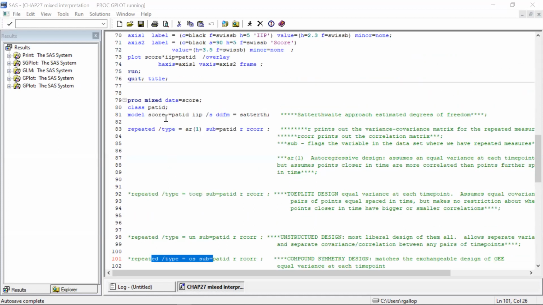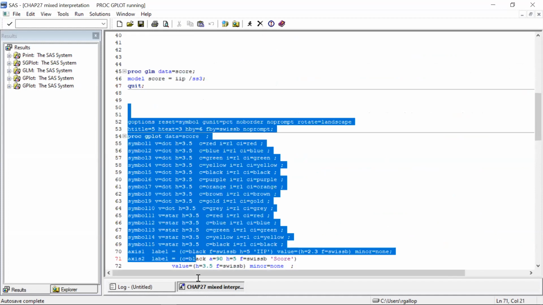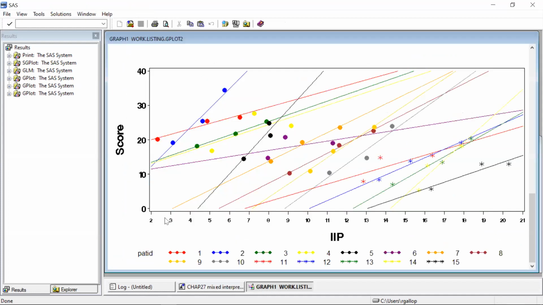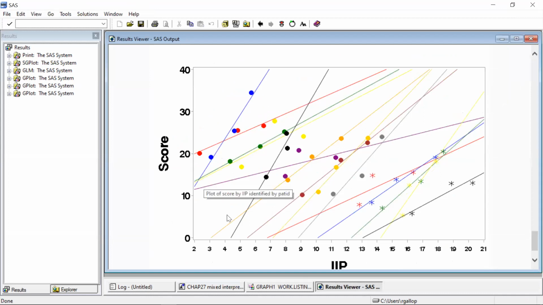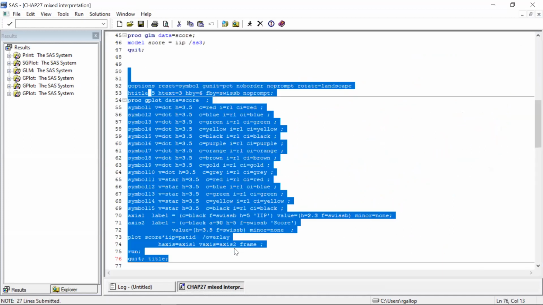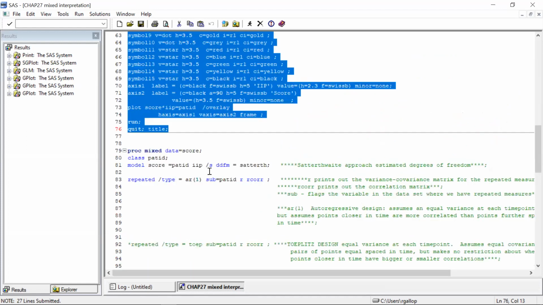The reason I put pad ID here is that in each graph we had, each person's intercept is unique. So throwing the pad ID into the mix will allow me to estimate individual intercepts for each person.